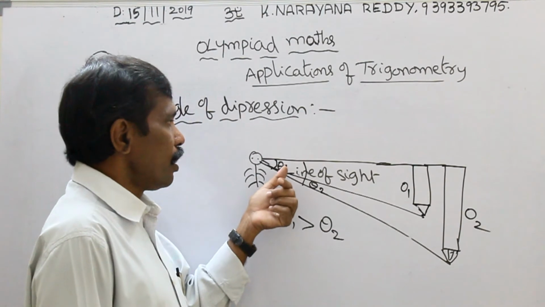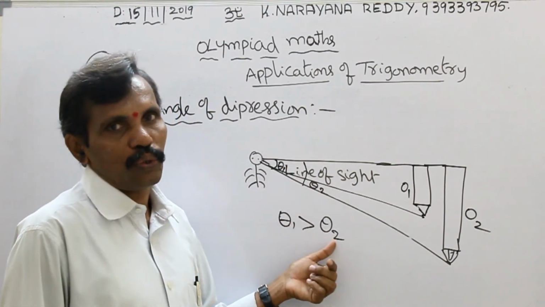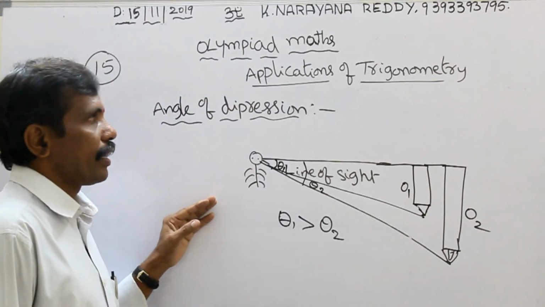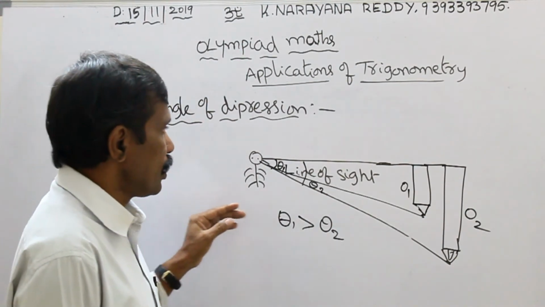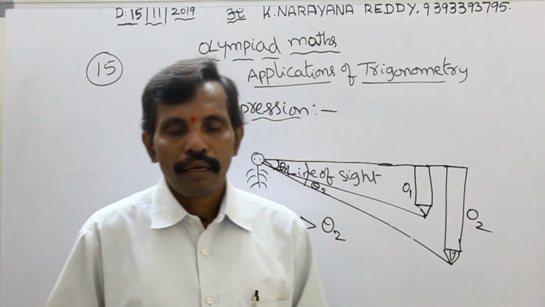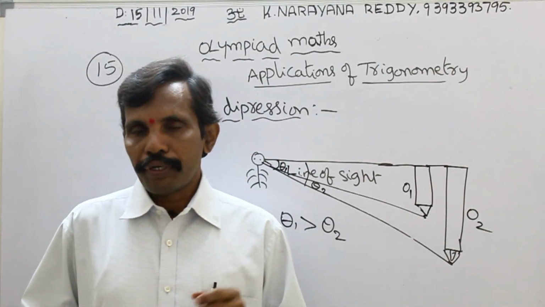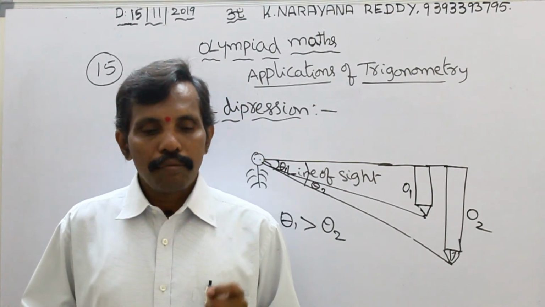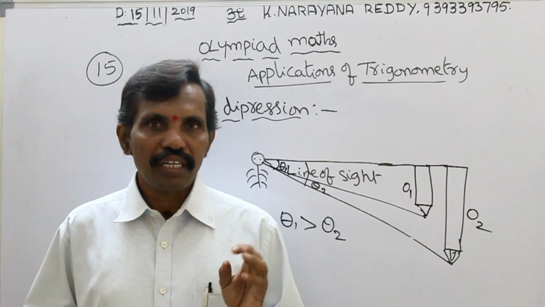That is why theta 1 is more compared to theta 2. Okay? So this is the difference between angle of depression and angle of elevation. Okay? This is the line of sight. Okay, dear friends, this is very important in application of trigonometry, because some students get confused in this.